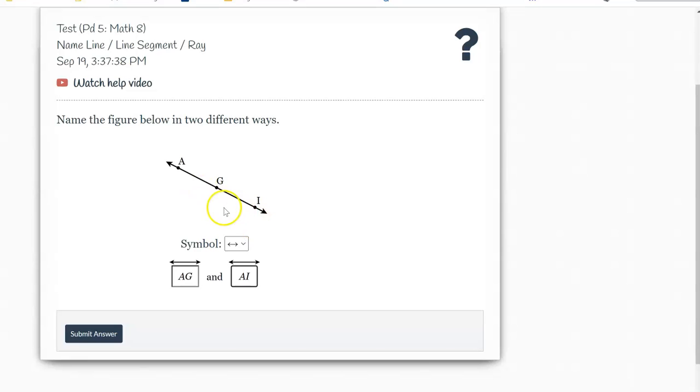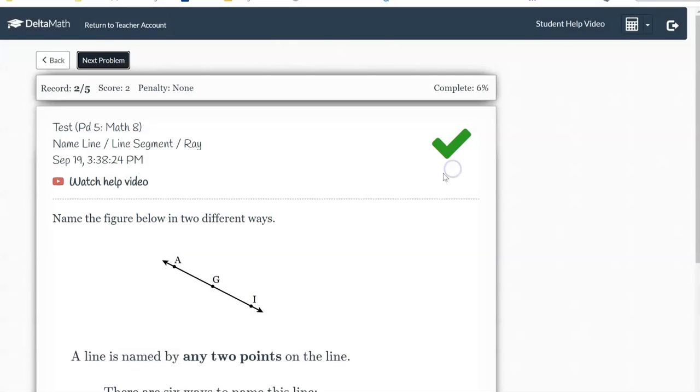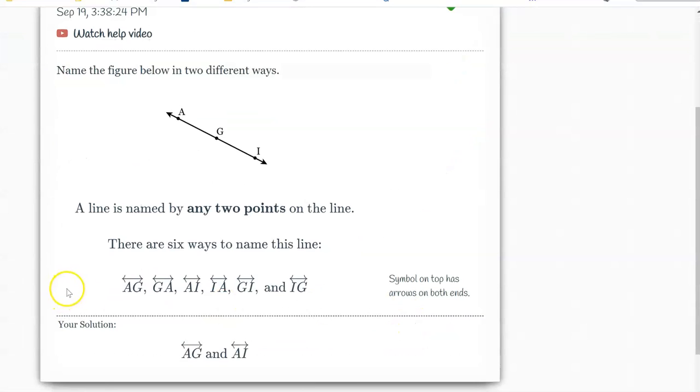I could say GI, GA, AG, AI, IA, right? Lots of backwards and forwards names here. I like to read from left to right, so there it is. These are all the possibilities. Any one of these would have given you a correct response.